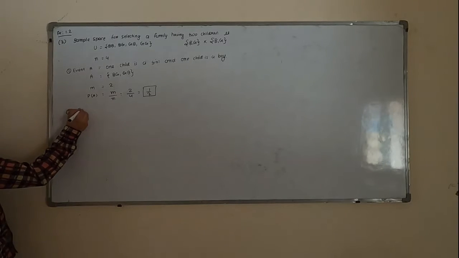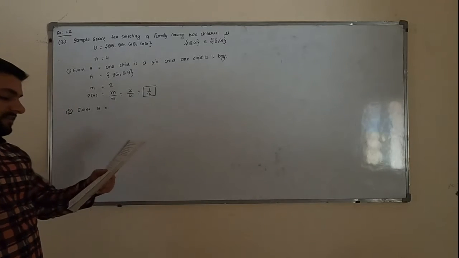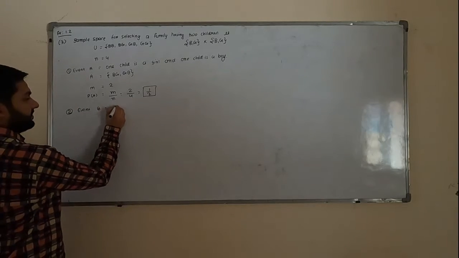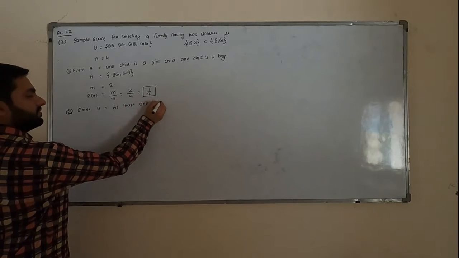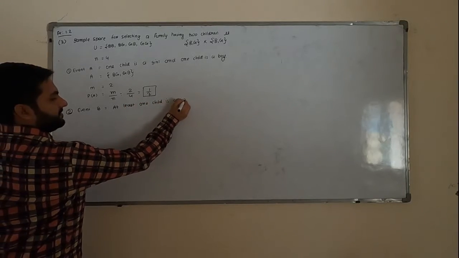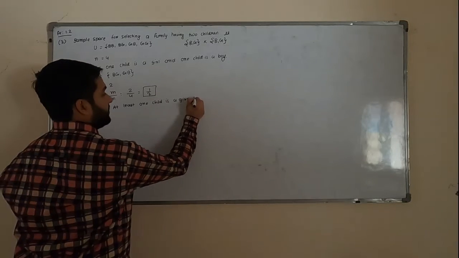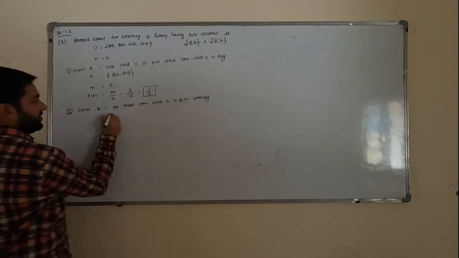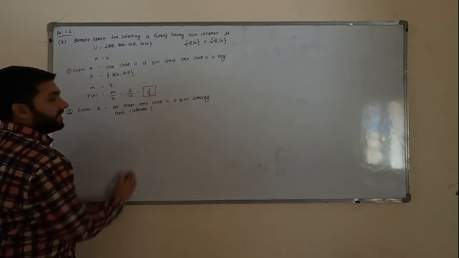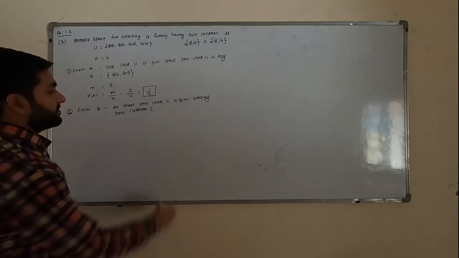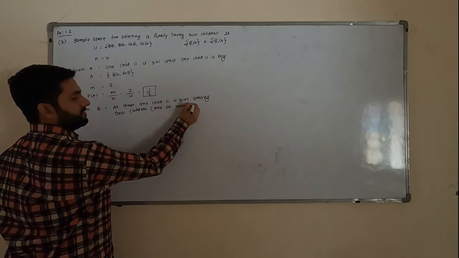Next, number 2, event B: at least one child is a girl among the two children. Now, at least one girl means one or more girls.